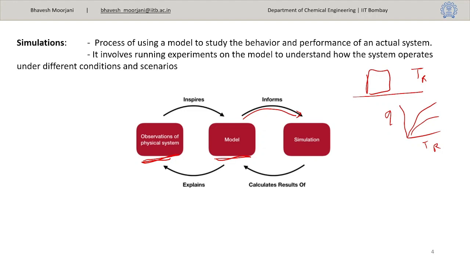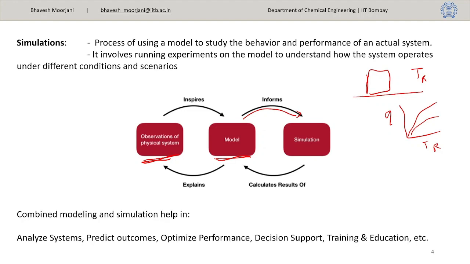So modeling and simulation go hand in hand, and it doesn't have to be complex. Each and every aspect of your life involves a kind of model or simulation. It could be complex, it could be a simple thing also, right? But how do modeling and simulation help us?